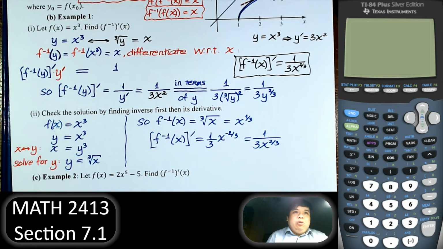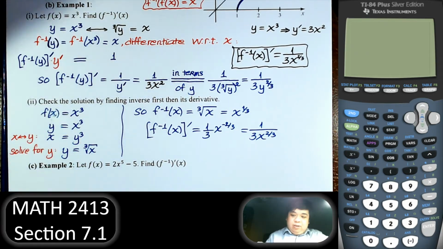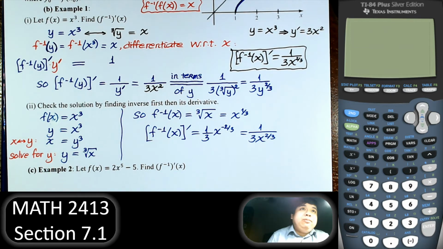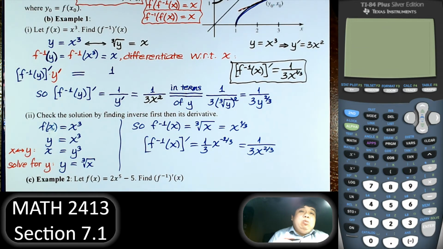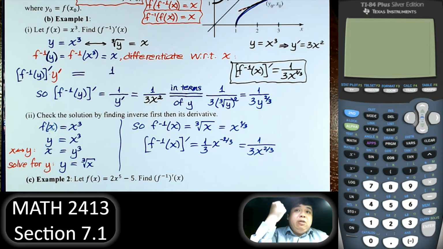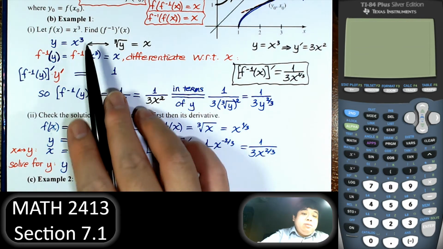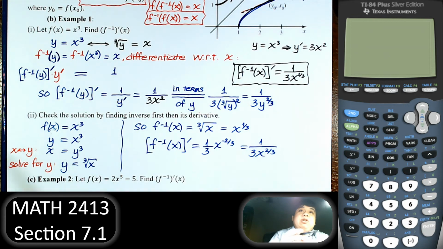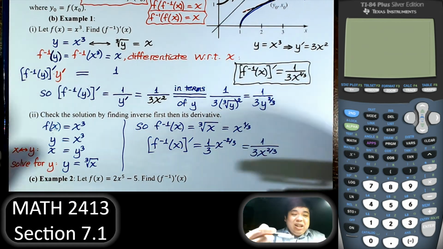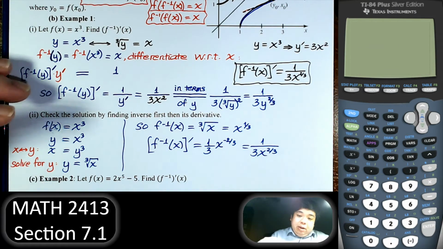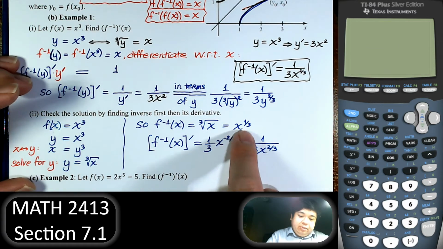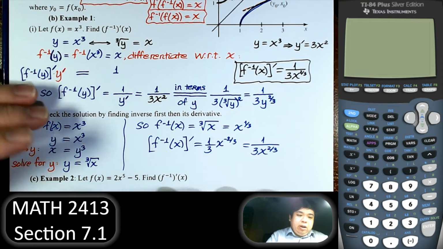Then how do we take the derivative of something that we don't know yet? So if we cannot take the derivative of the inverse, but we can take the derivative of the function, then that's what we do, use the inverse function theorem. In this case, it could be either one, because we can take the derivative of the inverse.